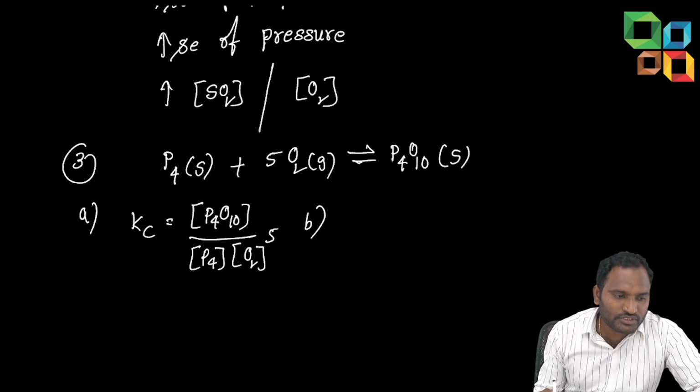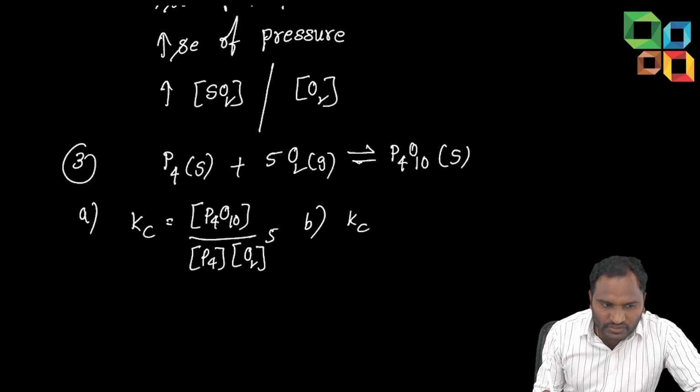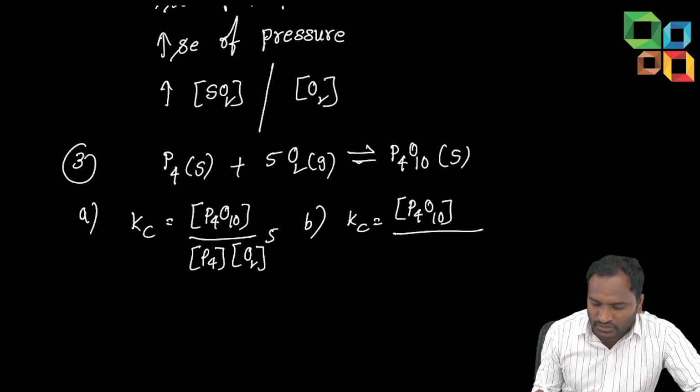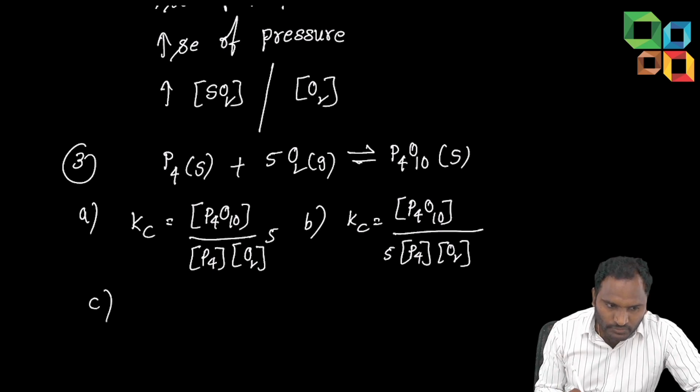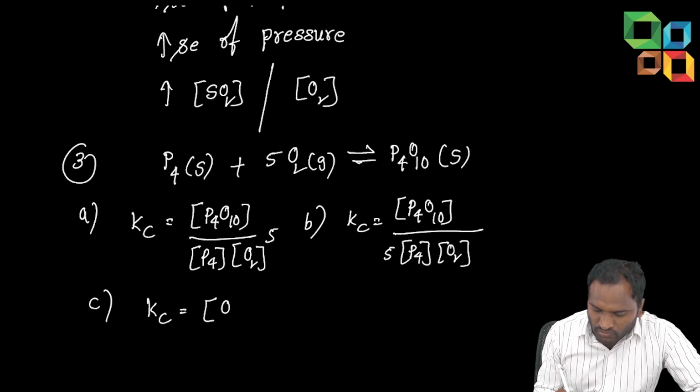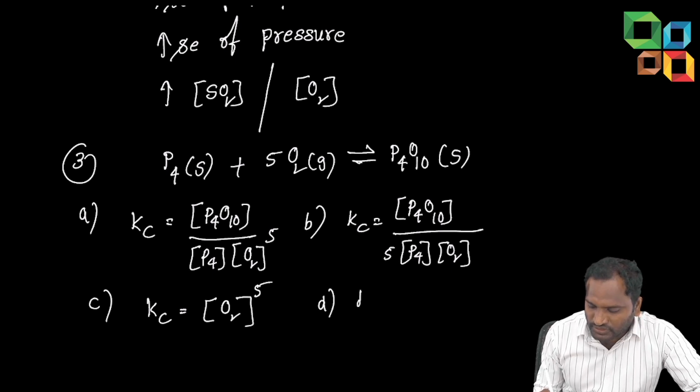B option is Kc is equal to concentration of P4O10 by 5 into concentration of P4 into concentration of O2. C option Kc is equal to O2 power 5. D option Kc is equal to 1 by O2 power 5.